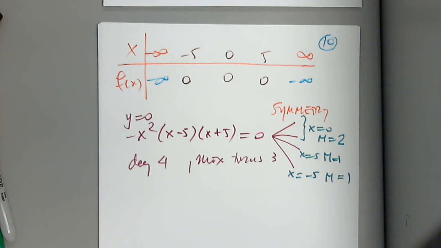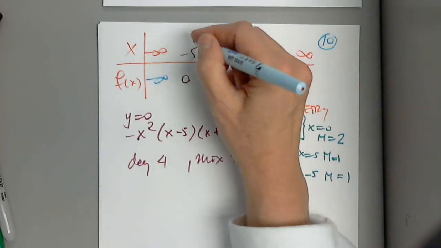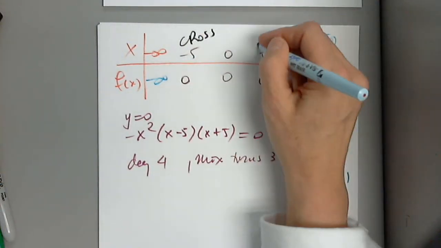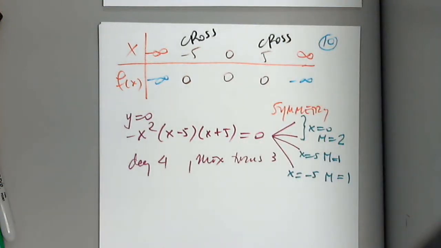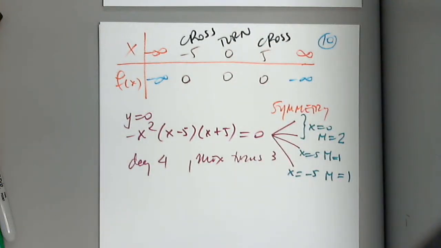What does multiplicity 1 indicate? And I have to write my note on top of the table. Multiplicity 1: cross. What does multiplicity 2 indicate? Very good. The last thing I need, so one more time, this problem you should not spend more than 3 minutes on it, please.